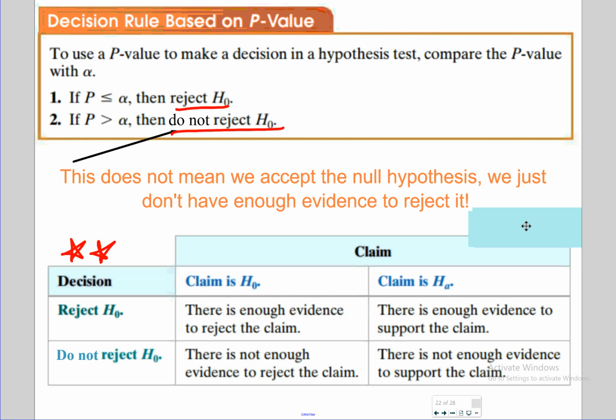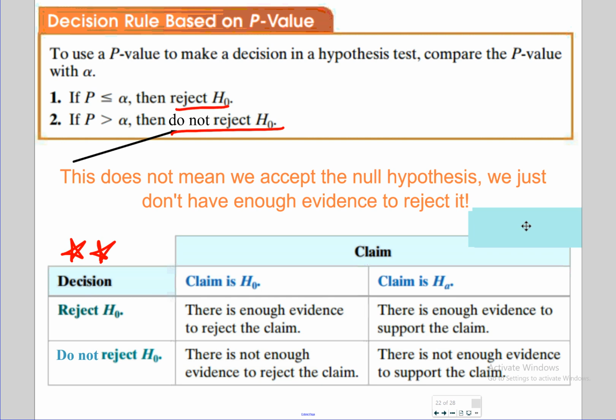Okay, so when we reject the null, we're saying we can support the alternative. And if we do not reject, we say there is not enough evidence to reject the claim or support the claim. So notice we use the word reject on the left side. We use the word support on the right side.